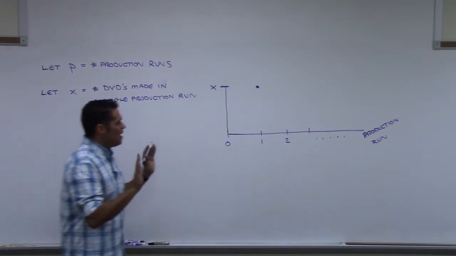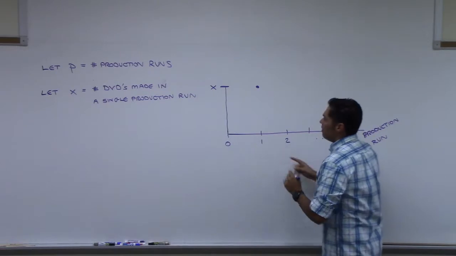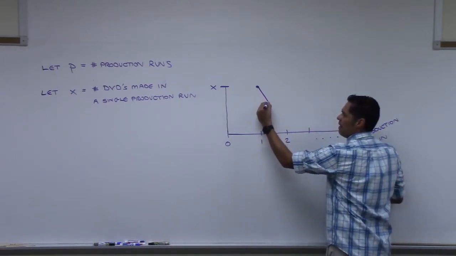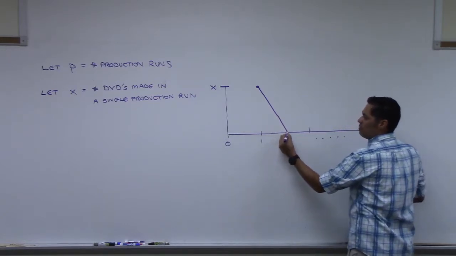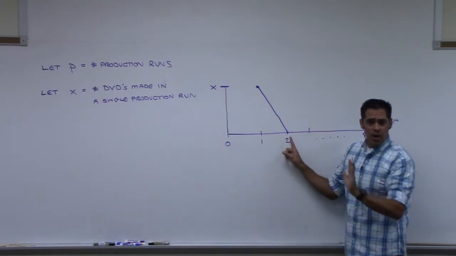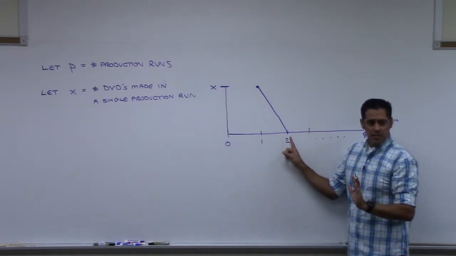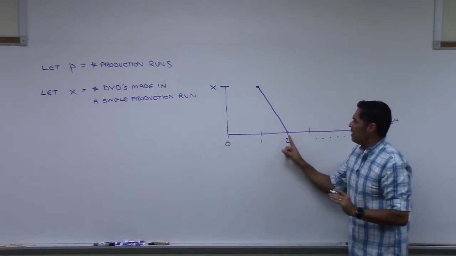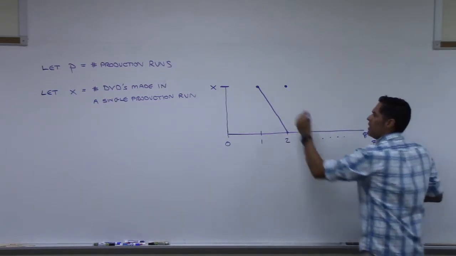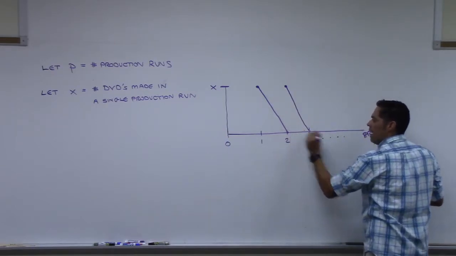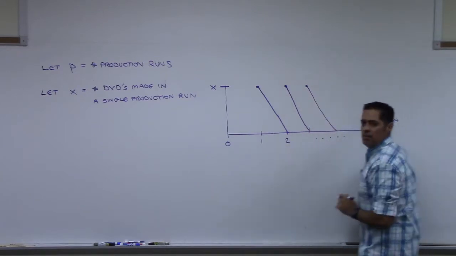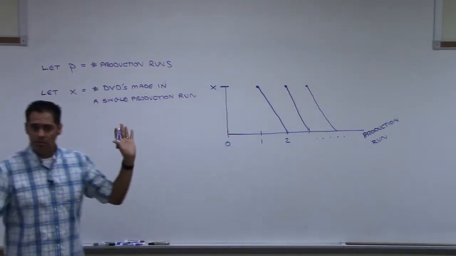Then I want the number of DVDs in storage to drop down to 0, so that when I get to my second production run, all the DVDs that were in storage are gone. Does that make sense? Then on my second production run, I make another X of them, and it drops down like that, yes? And on the next one, same thing, and that pattern continues the whole way down. Agreed?